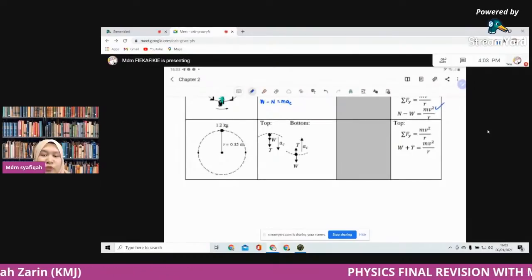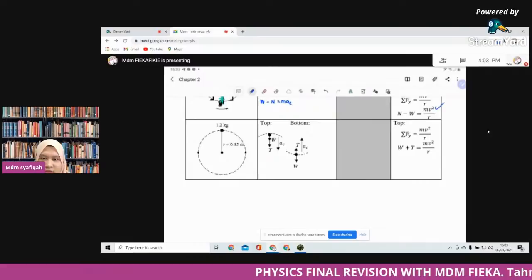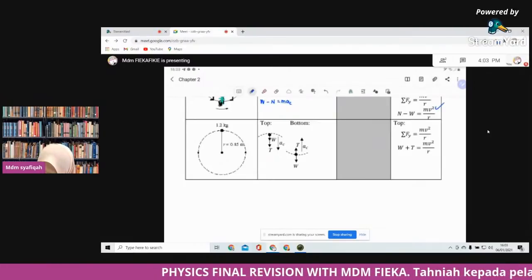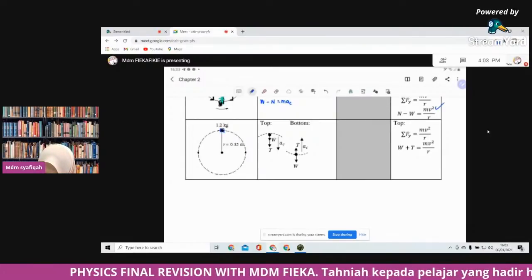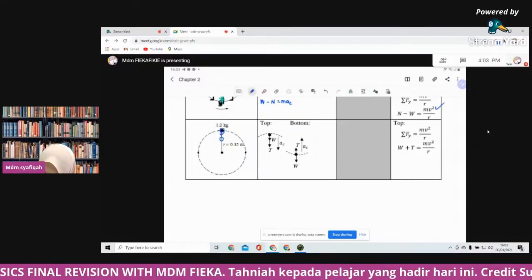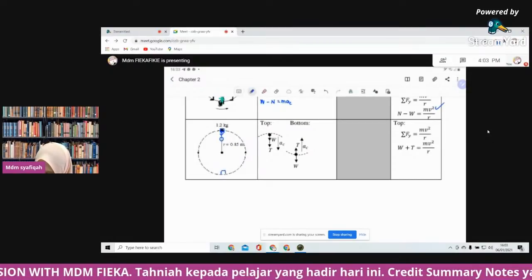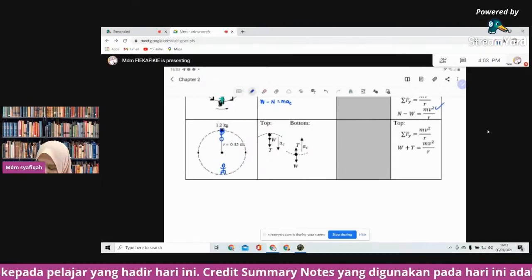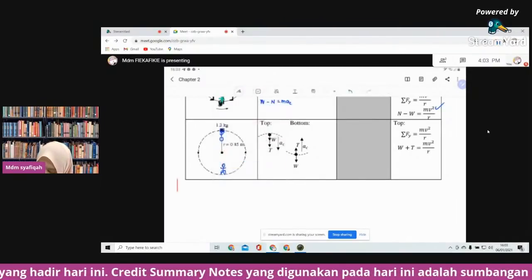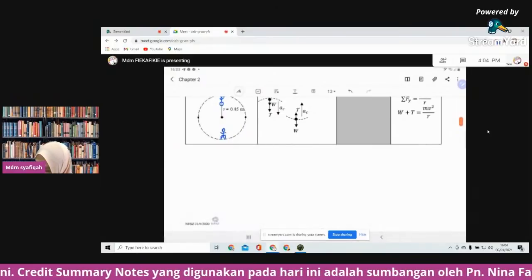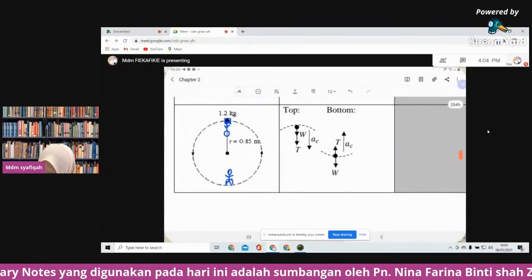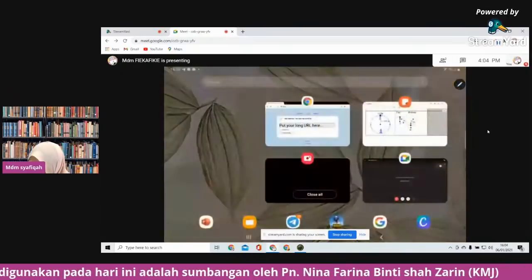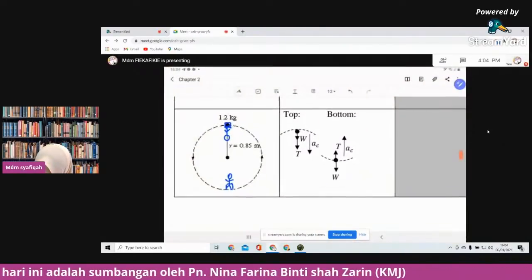Okay, ataupun you naik roller coaster. Okay? Ini awak ke atas, kepala awak dah ke bawah. Okay. Ini kawan awak. Okay. So, lukislah. Okay. Weight is downward. Oh my god. Sorry. Okay.